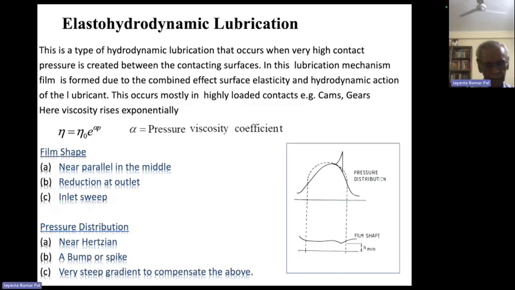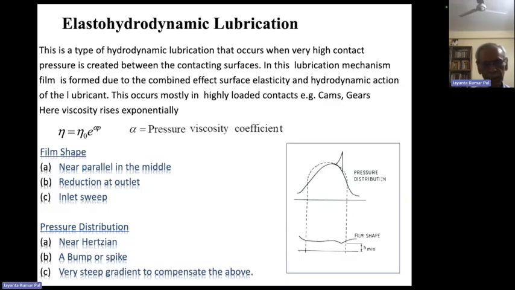Pressure distribution is almost Hertzian most of the places, except at one end there is a spike. This is a typical characteristic of elastohydrodynamic lubrication, and possibly we can mention Professor Dowson and Higginson for discovering this novel method of lubrication.